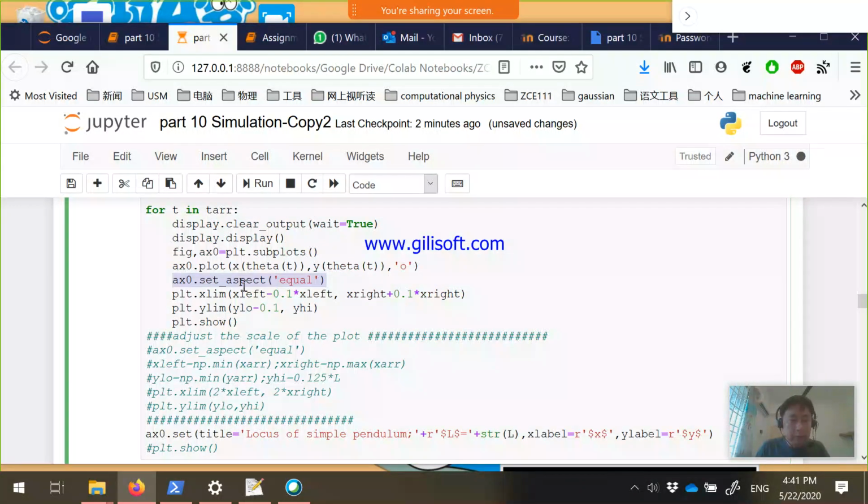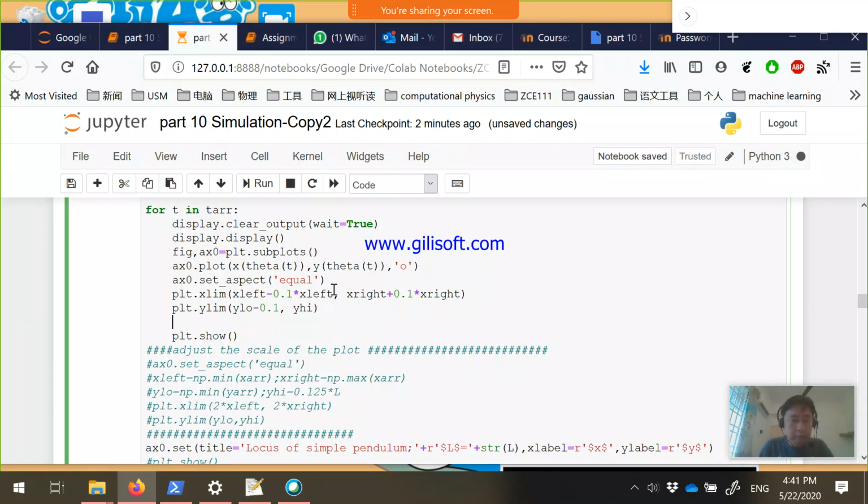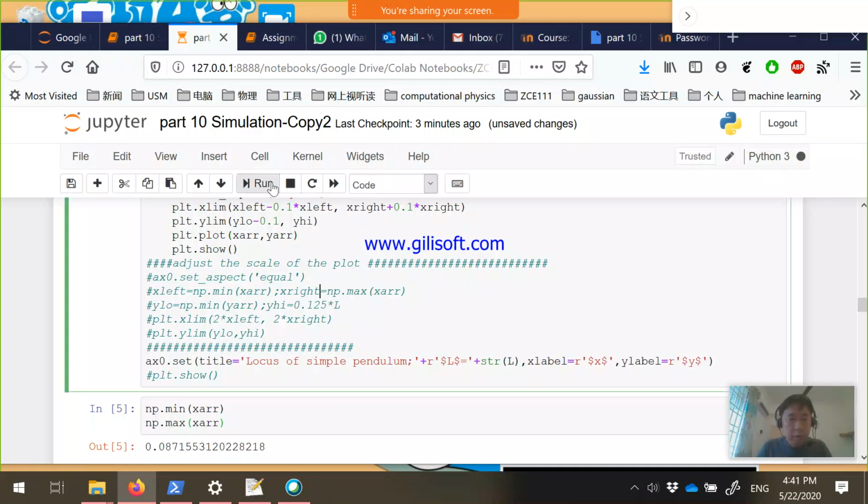the trajectory of the pendulum, so that it guides your visual. So instead of showing only this, you plot one more thing, XARR and YARR. That will give you the full trajectory that overlaps onto the trajectory of the pendulum.